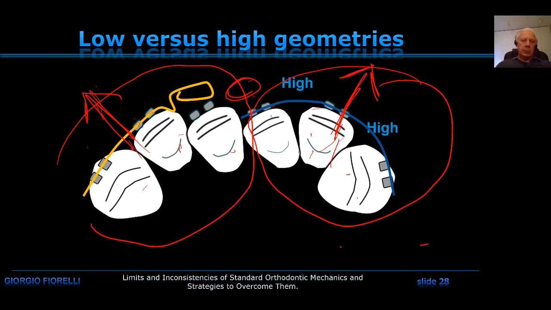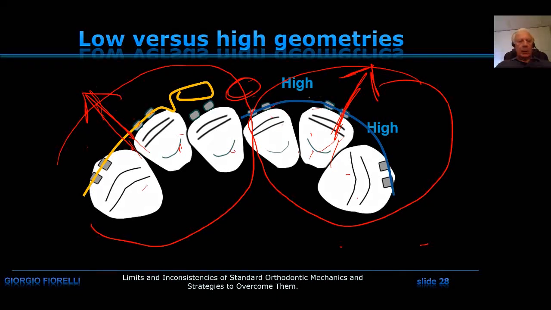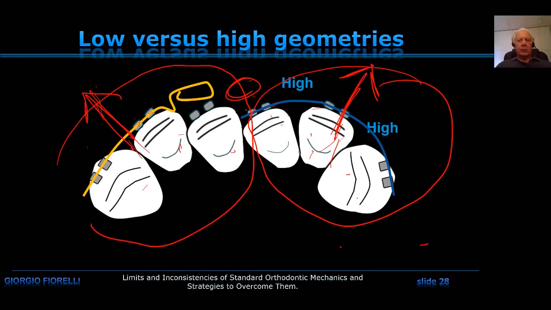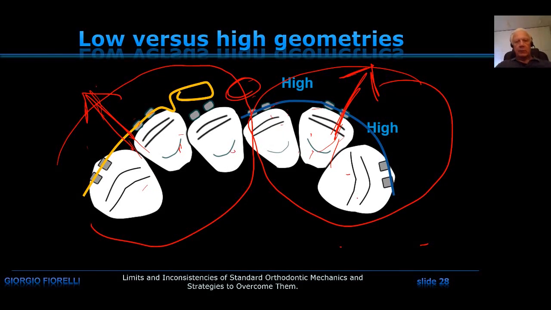So sometimes what I'm doing is just to use these two segments. Usually one is for the high geometry and the other one for the low geometry with the loop. And if I need some space, I also use two cantilevers to create space between the two groups.